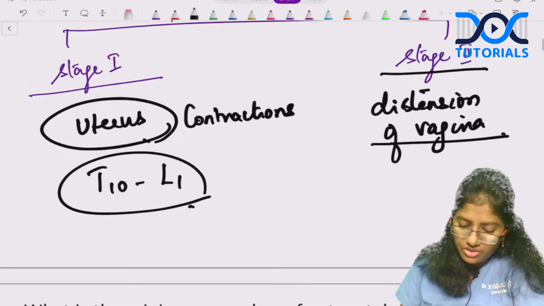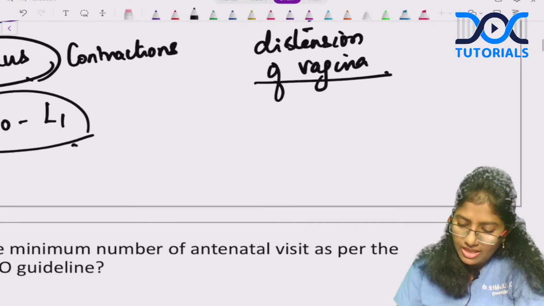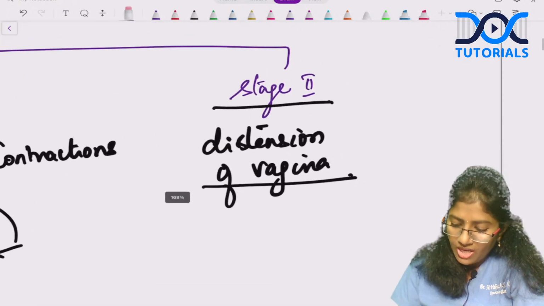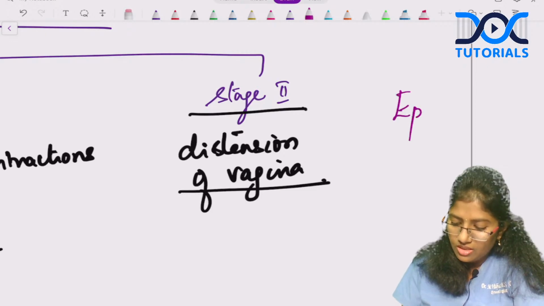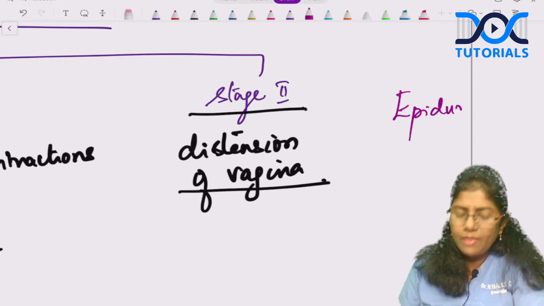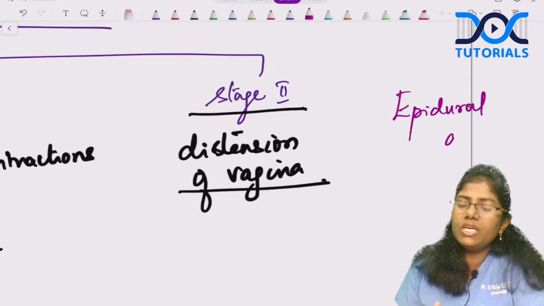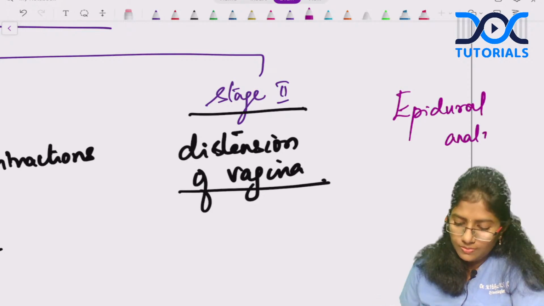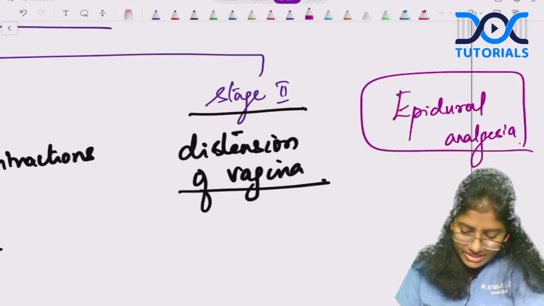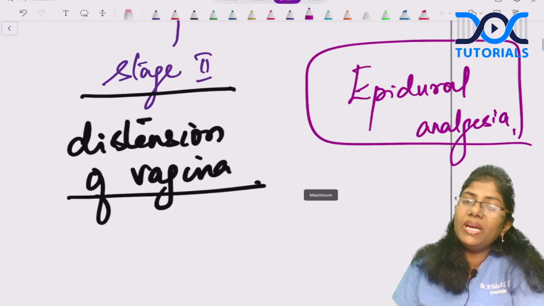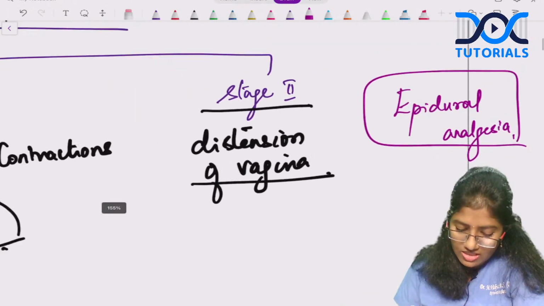Okay. So, now epidural analgesia. Epidural analgesia relieves pain, by blocking T10 to L1. Which pain does it mainly address?